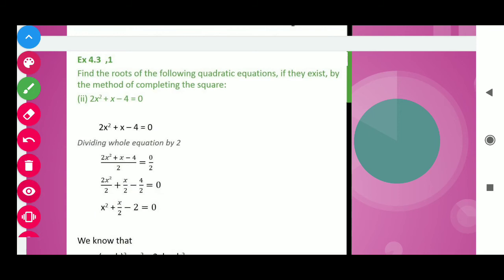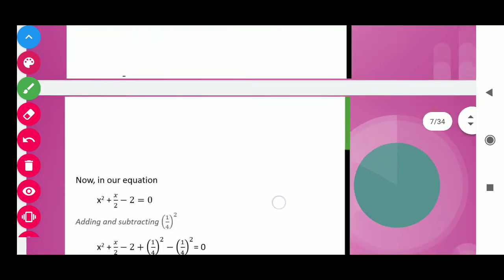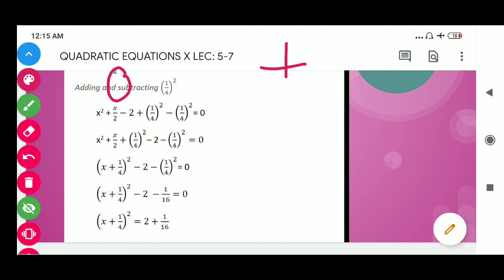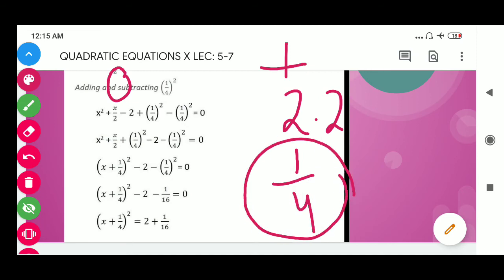Okay, now here coefficient of x is 1 over 2. You can see here coefficient of x is 1 over 2 and half of 1 by 2 is, simply divide by 2, we get 1 over 4. Now students, this is the resultant of step 2, and now you have to do square and after that add and subtract.